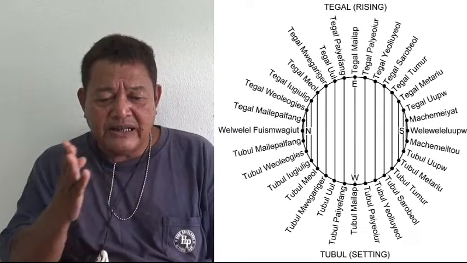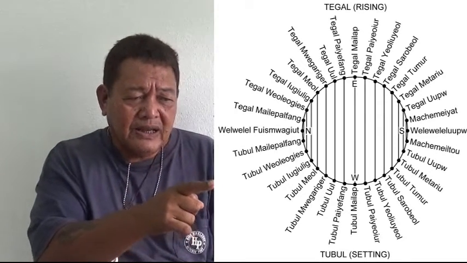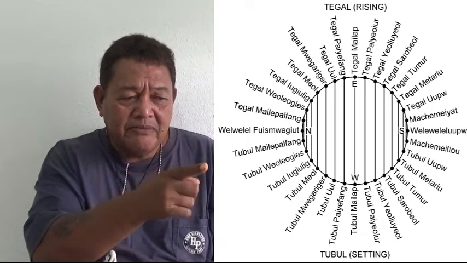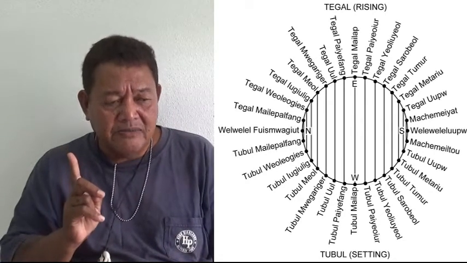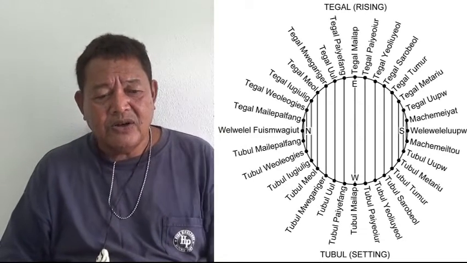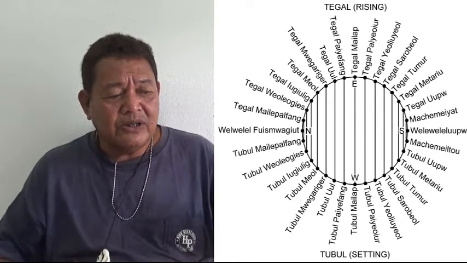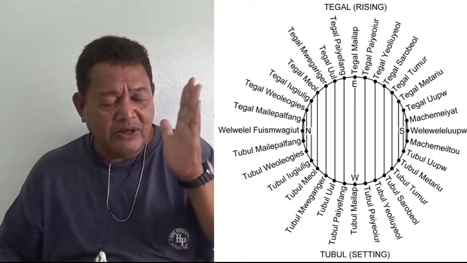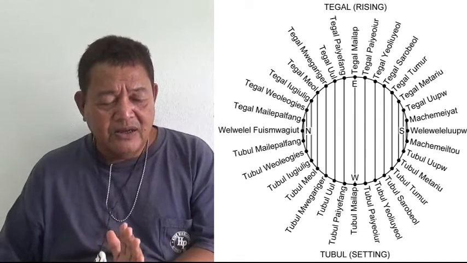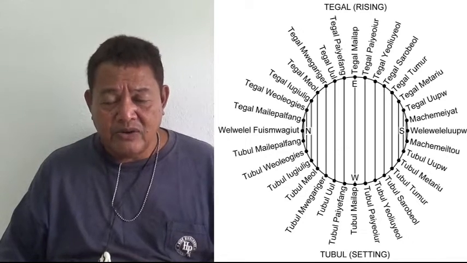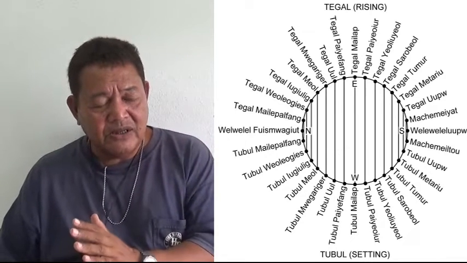It's only one-sided because we only name the rising of that star and the setting of that same star. So that's how we do it, whether you start from straight in the middle, like east and west, or you start from the north, coming all the way to west.